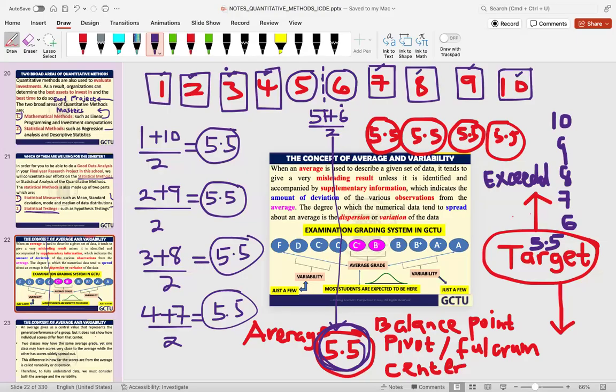So when you are moving on the right-hand side of the 5.5 to 10, it means that your average has been exceeded, or your target has been exceeded. But when you start recording on the opposite side, 5, 4, 3, 2, 1, even though you have made some sales, you have come below the target.